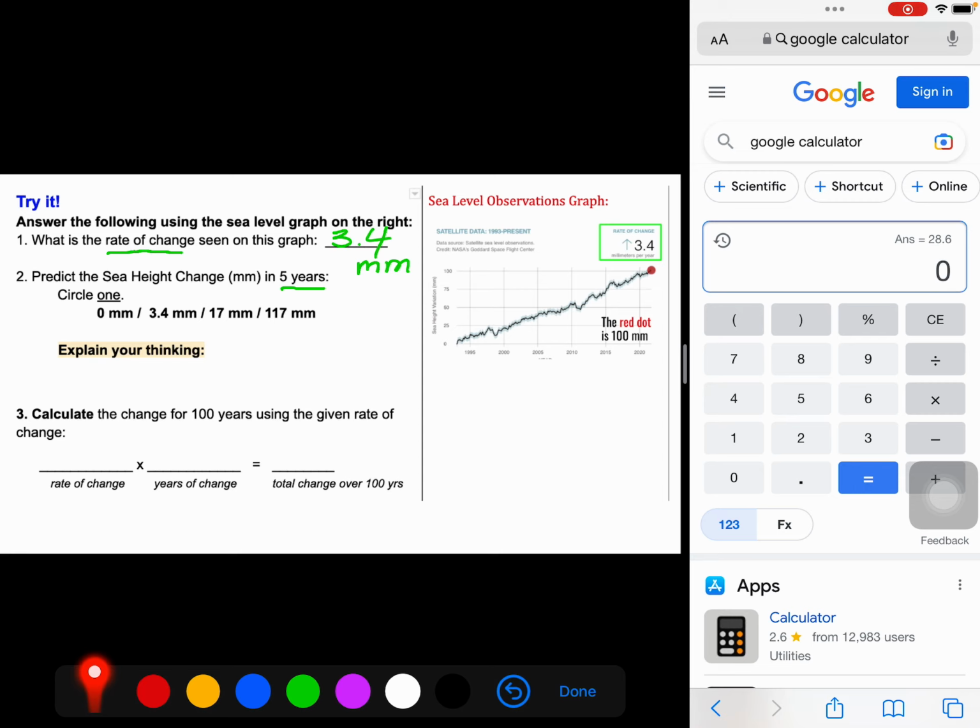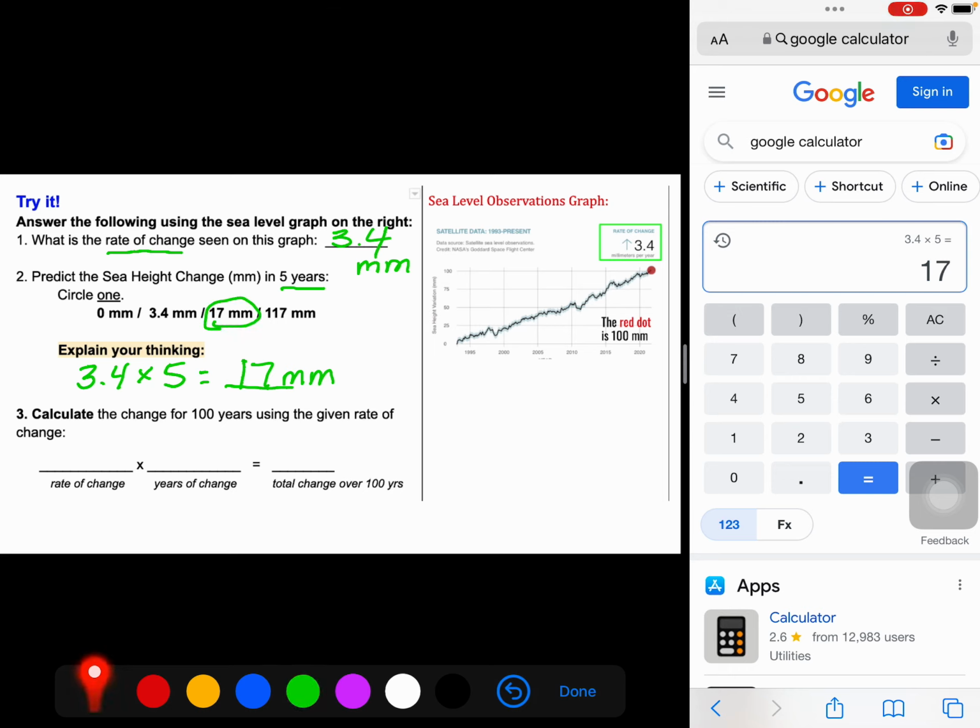So if it's changing that much in 1 year, the math I want to do for 5 years would be 3.4 times 5, and then I would calculate that out to give me a 5-year change. Over here I've got 3.4 times 5. So I'm looking at 17 millimeters changing in the course of 5 years.